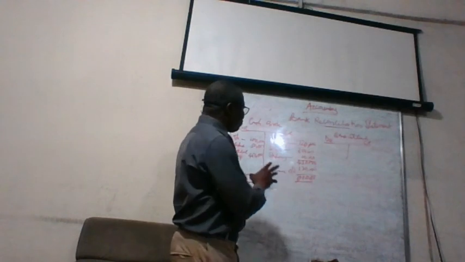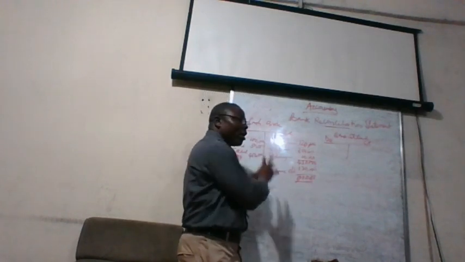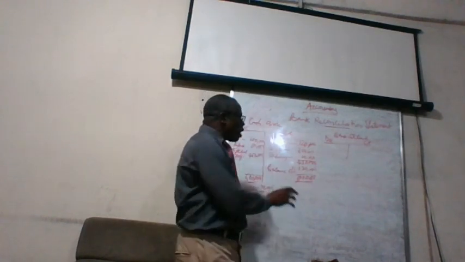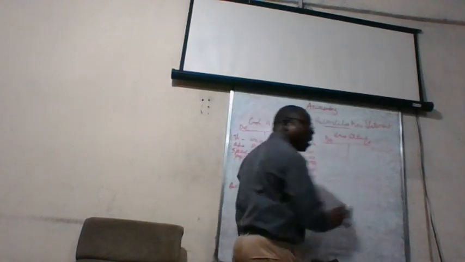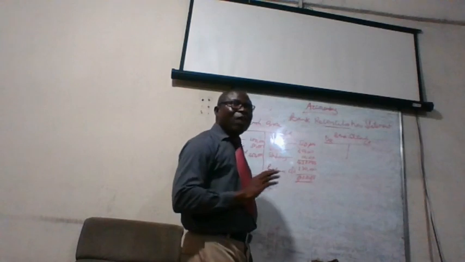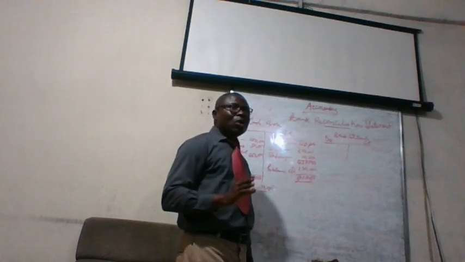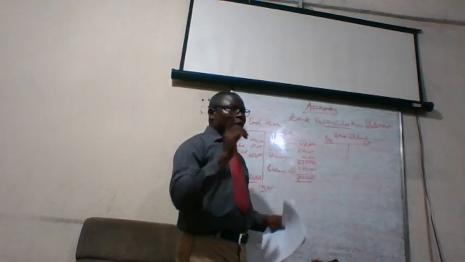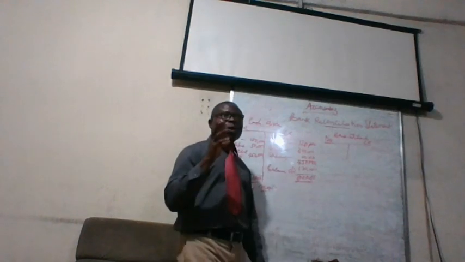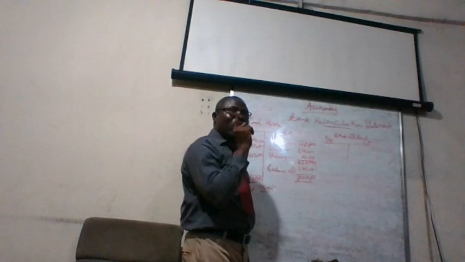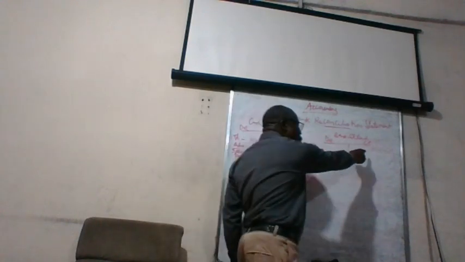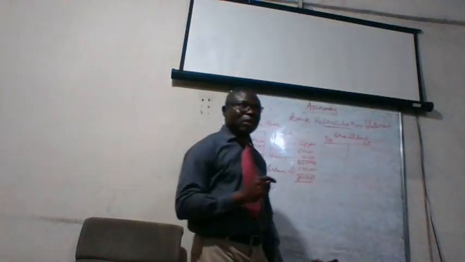So you can see now, in the exam, they will give you figures on the cash book and on the bank statement, and both of them will have their balances. So whatever you use, don't forget that when you are doing your bank reconciliation, all the items on the debit side of your cash book are cross-checked against the credit side of your bank statement.